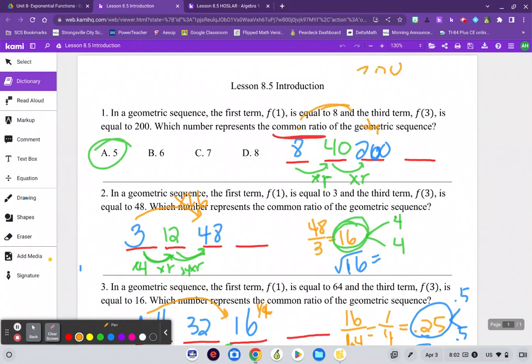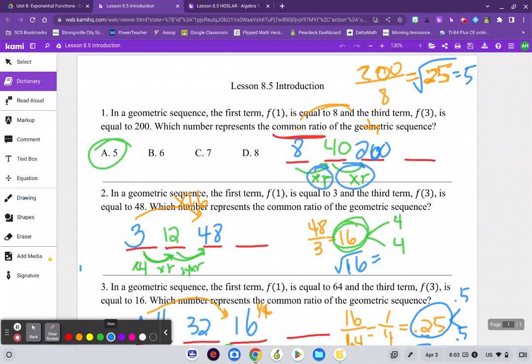Well, 200 divided by 8 is 25. If I do the square root of 25, I would get 5. And that's what it ended up being, multiplying by 5.